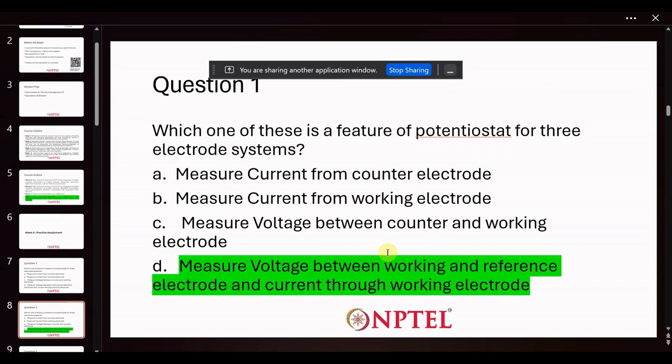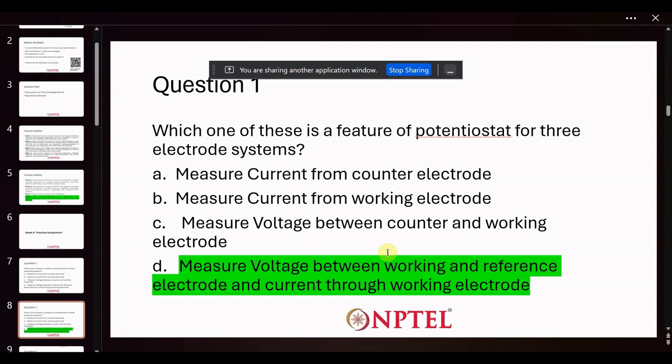So basically from that idea itself you can find out that a potentiostat is a voltage measuring device. The electron transfer happens at the working electrode, so electrons are generated and transferred at the working electrode, and you will get the current. You can measure the current from the working electrode.